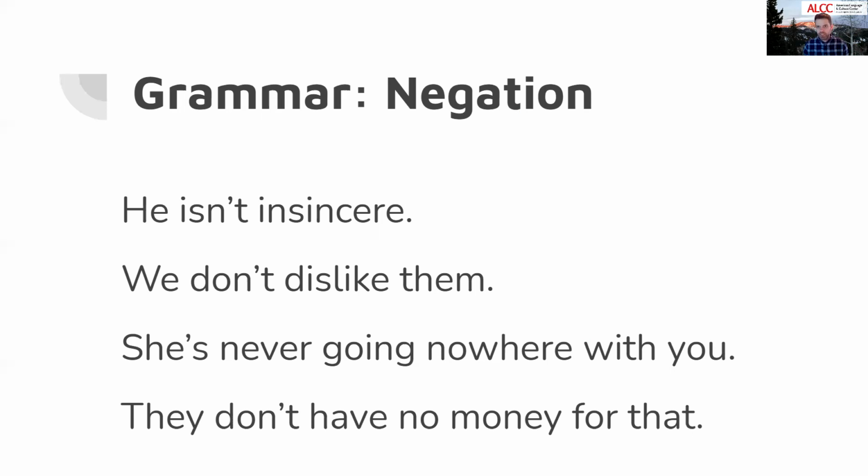These are compounding negation. These are a kind of negation where it takes two parts to reinforce the negative aspect. So she's never going nowhere with you doesn't mean that she will go somewhere. It means she absolutely will not do that. And they don't have no money for that doesn't mean that they have some money available. It means that they have absolutely no money available.